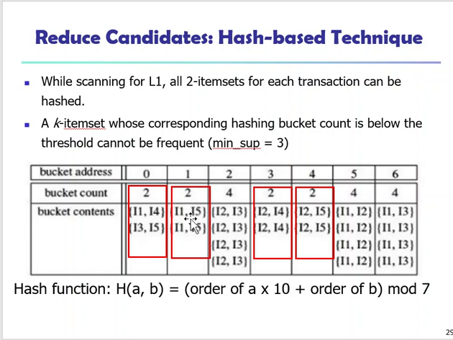We can populate this hash structure and find that if we have a minimum support of 3, then the buckets with bucket counts smaller than 3 cannot be frequent. So we don't actually need to consider those candidates anymore.